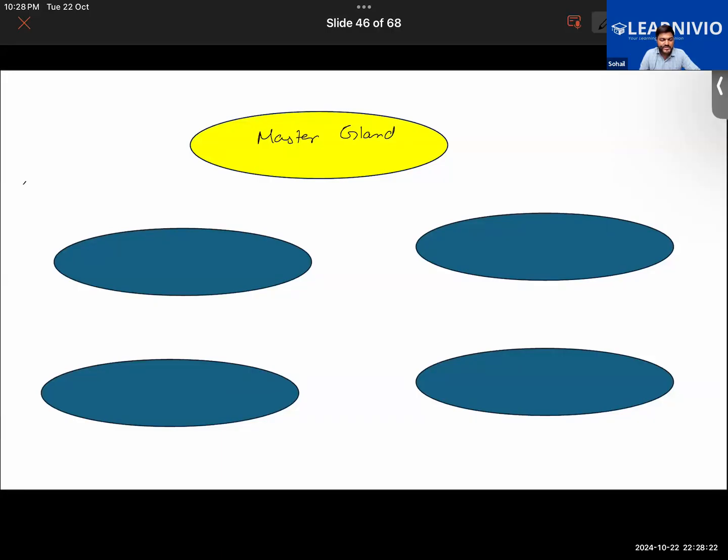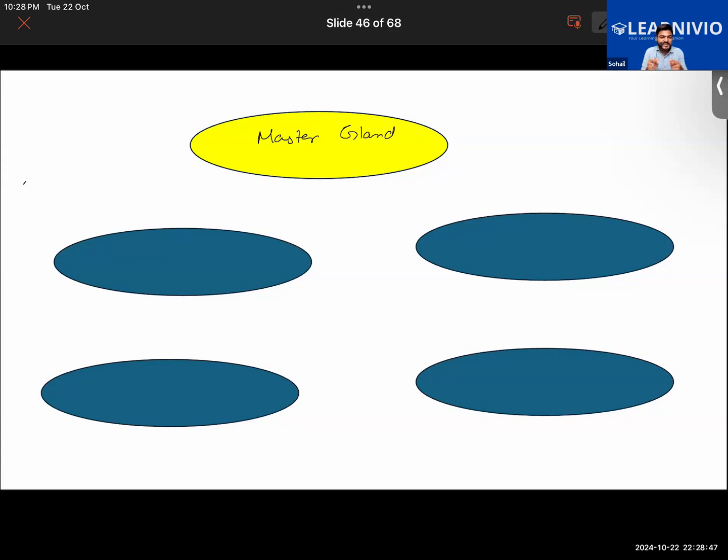So how does it do so? Let us understand. Remember what I told you, that at the age of puberty the pituitary gland will be signaling. It will be sending hormones towards the male and female gonads. What are the male and female gonads? The male gonad is the testis, and the female gonad is the ovary.